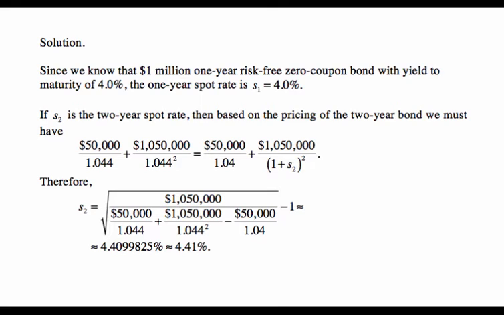The spot rate is the rate for 2 years, but it's an annual rate, so we discount over 2 years. Well, as you see, there's only one unknown in this. It's S2. So it's actually a reasonably simple equation. We solve it for the spot rate S2 after a little bit of algebra, and we get about 4.41% as the 2-year spot rate.